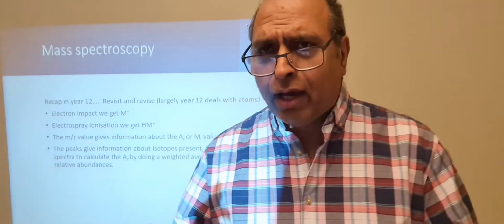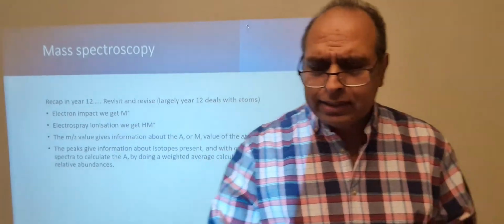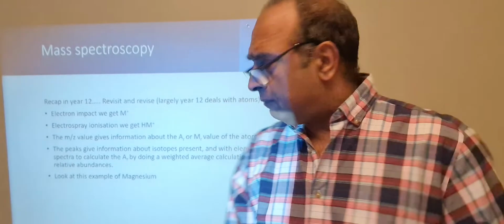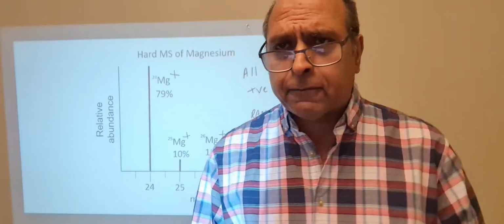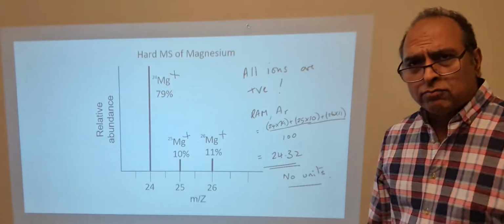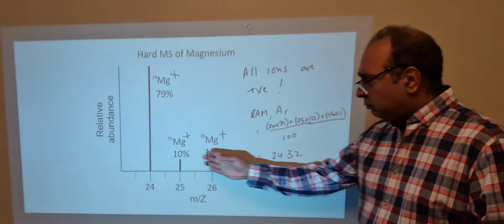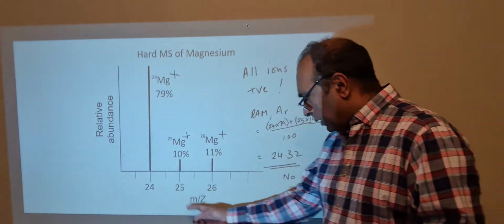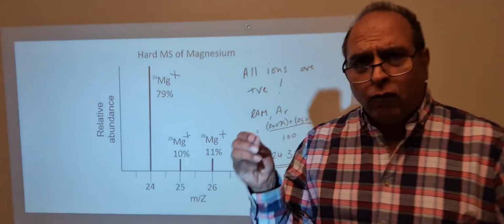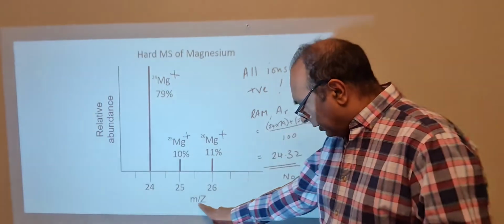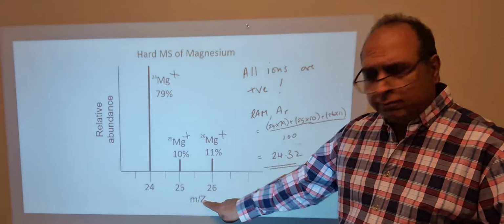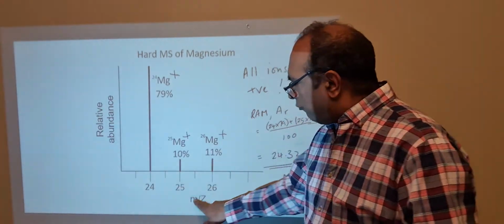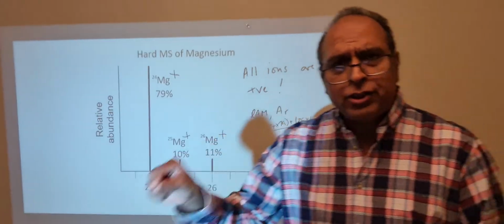So before I get on to year 13 work, let's have a look at these things. The example I've got here is magnesium. If you remember, the charge is one positive charge, that's the charge Z of 1, so these numbers will represent the mass over charge ratio.